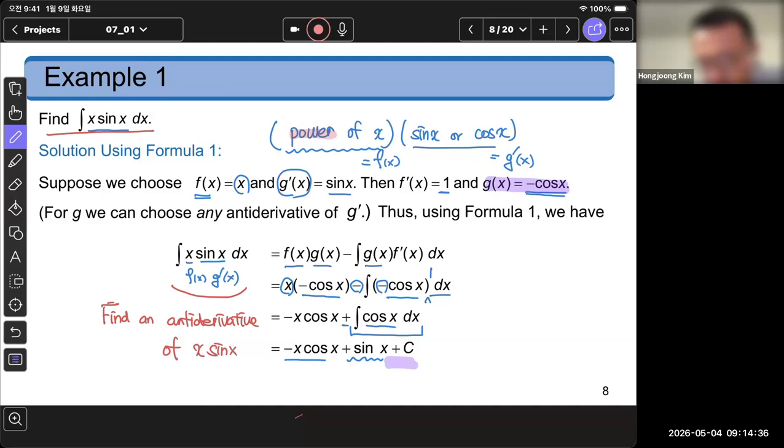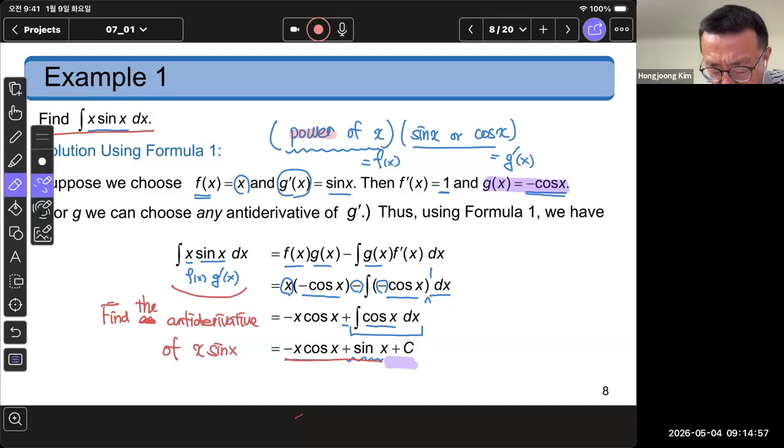So if you just answer negative x cosine x plus sine x only, then that is just one antiderivative. But we need to find the general form.